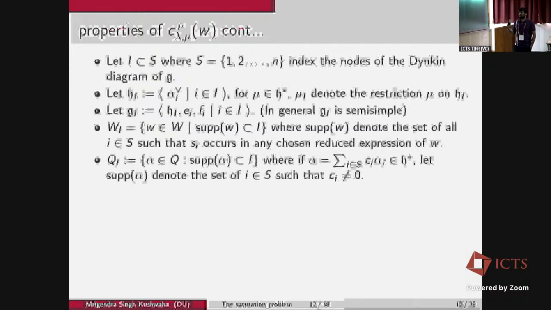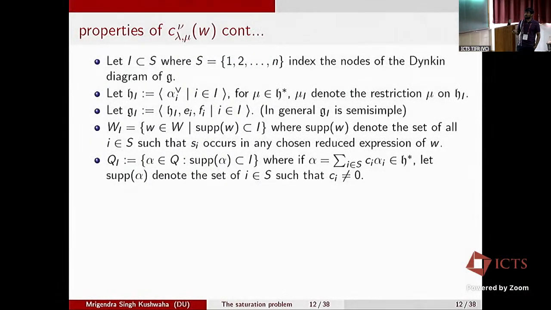And here is another property. Let I be a subset of S, where S indexes the nodes of the linking diagram of G, and let Hi denote the subspace generated by these co-roots, where i is in capital I, and let mu be in H star. Then mu I denotes the restriction of mu on Hi, and let Gi be the subalgebra generated by Hi and these Ei's for i in I, the generators. In general, these Gi's are semi-simple if it is not connected. The whole theory of Littelmann LS paths is defined for symmetrizable Kac-Moody algebras, but for simplicity, I have considered just the simple Lie algebra.